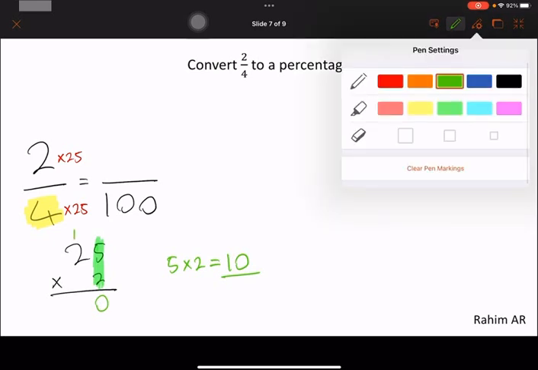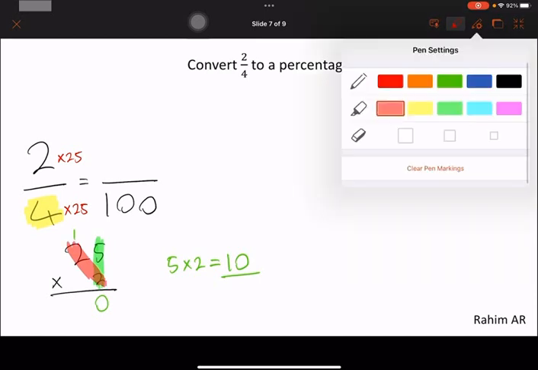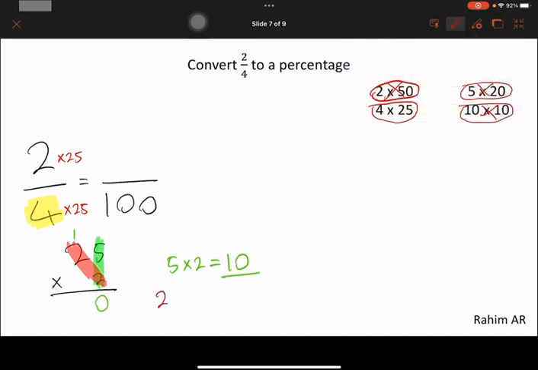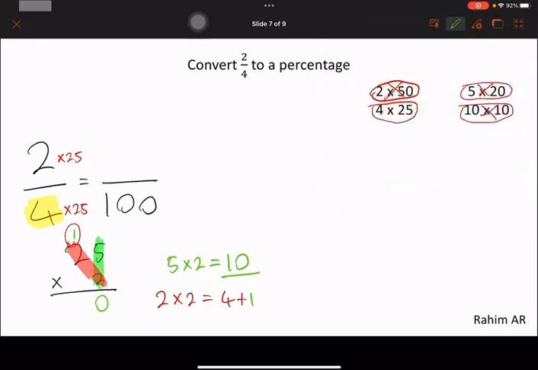Now next we go to the next place value, which is 2. Here 2 times 2 equals 4. But remember, we still have 1 here. 4 plus 1 equals 5.